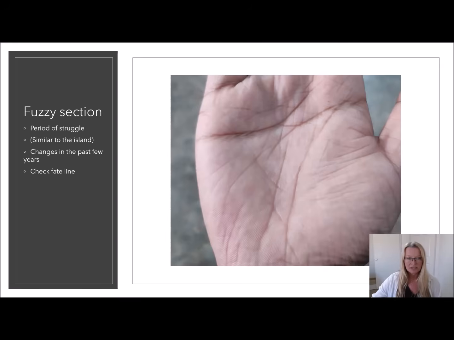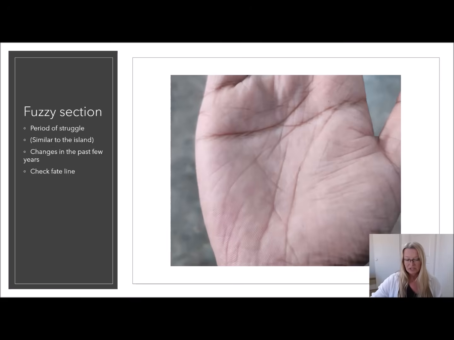Here we are. This is a fuzzy or faded section of the line, which represents a period of struggle similar to the island. These fuzzy sections can come quite suddenly: one minute your line looks okay, and then you might wait a couple of months and then you see this area that's looking a bit fuzzy.